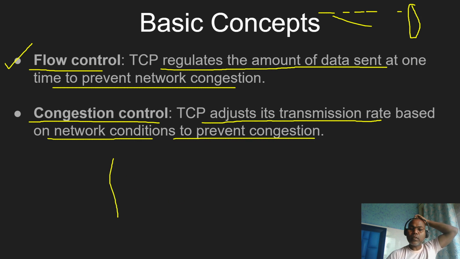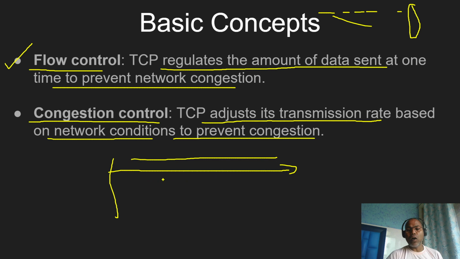So the sender is sending data here, and we have some network bandwidth. Let's say our network supports 512 kilobytes per second.